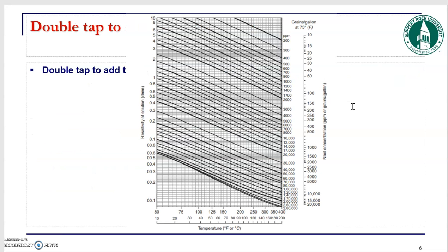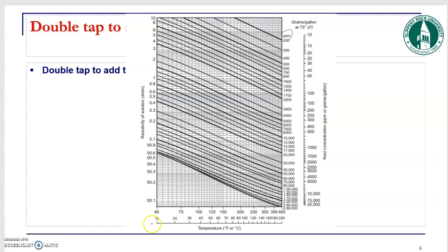So one of these charts, which is basically a Schlumberger chart, relates the resistivity of brine to the temperature and the amount of salt that is dissolved inside your water. On the right hand side of the y-axis you can see the parts per million, which is the amount of salt that is dissolved inside our water.